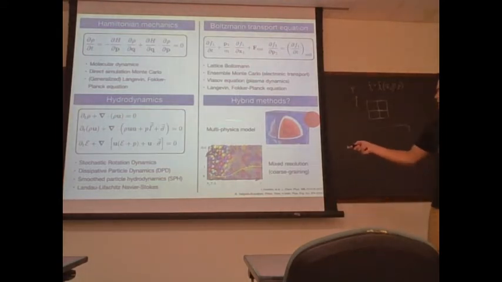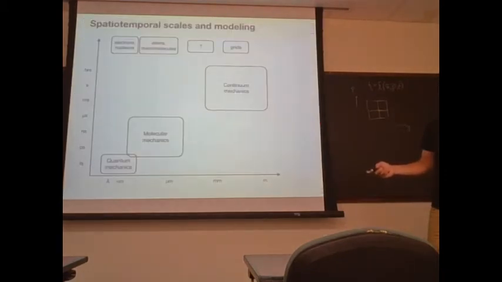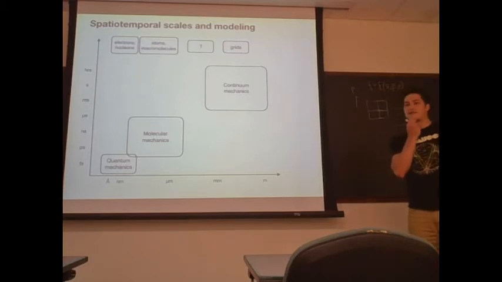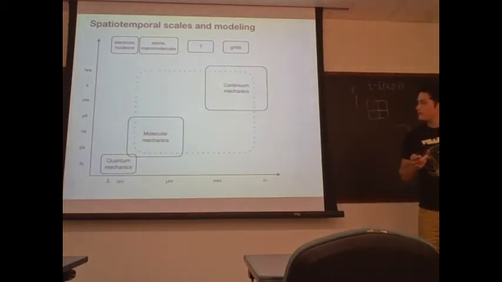I'll probably look more at this. Okay, going back to the scales, I had this really broad range, and the reason I'm doing this is, given what people have done in the past decade, you can have multi-scale methods that pretty much can do everything molecular mechanics or continuum mechanics can.